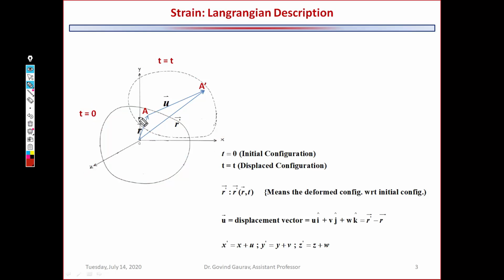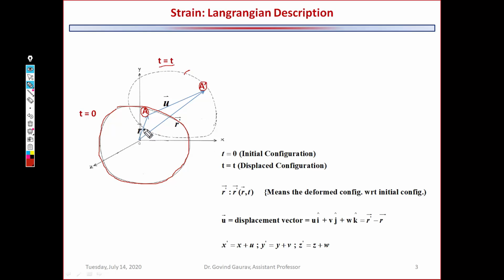So the point A lies on the initial configuration, on the reference body which is in the undeformed configuration, and the point A dash lies on the deformed configuration, after time t.